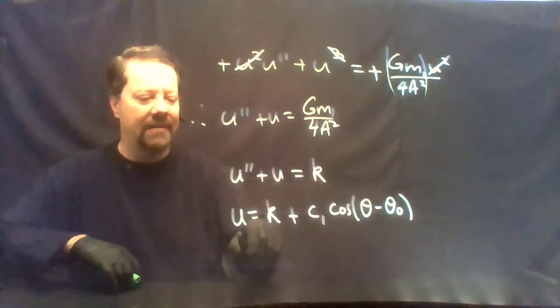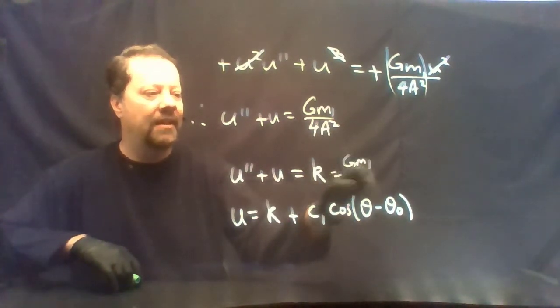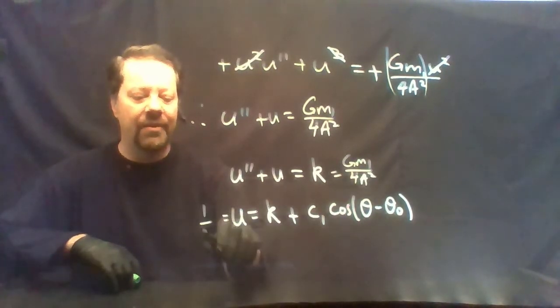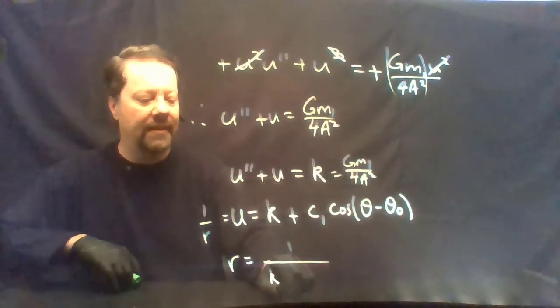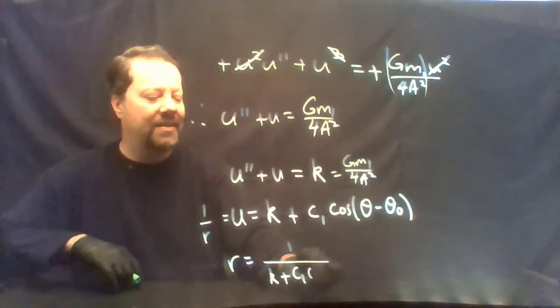It follows then that with k equals gm1 over 4a squared, if u is 1 over r, then r is 1 over this constant k, I'll write that as k for simplicity, plus c1 cosine of theta minus theta naught.